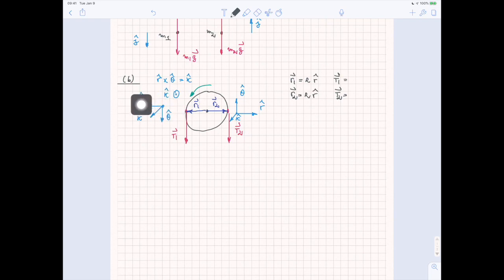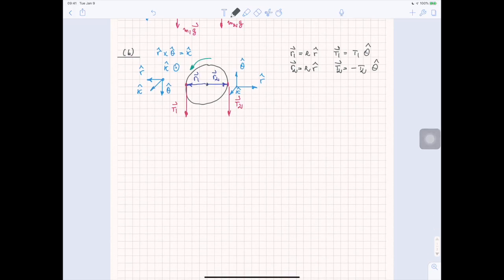So keep in mind that this polar coordinate system, specifically here cylindrical coordinates r, theta, and k, is really traveling along with a point mass, a point on the circumference here. All right, so let's go back now to T1. This would be magnitude T1 in the direction of theta, so it is plus theta. Whereas on the other side, T2 is in the opposite direction to theta. So this would be minus T2 times theta.